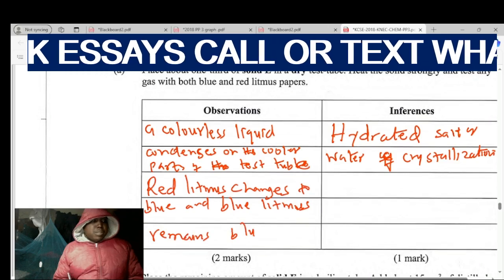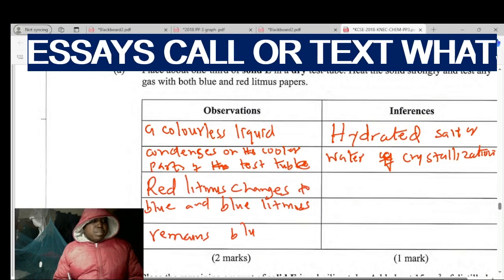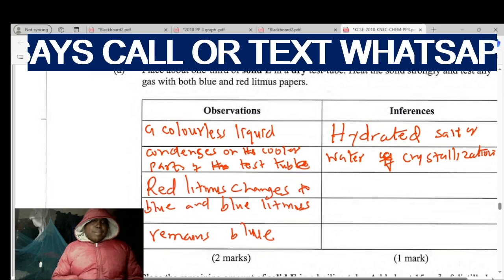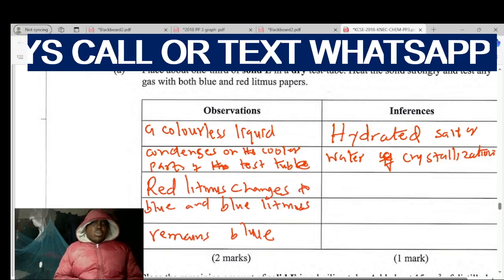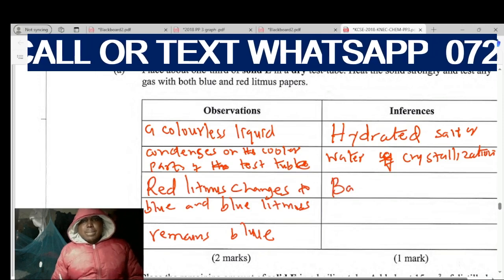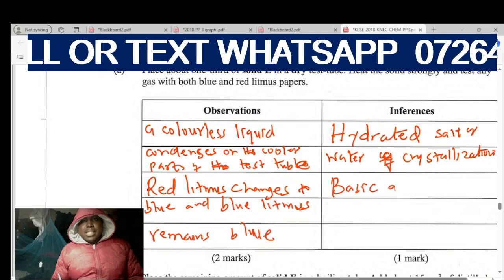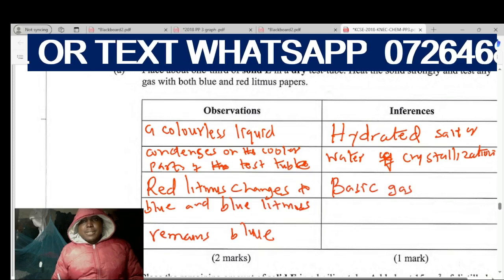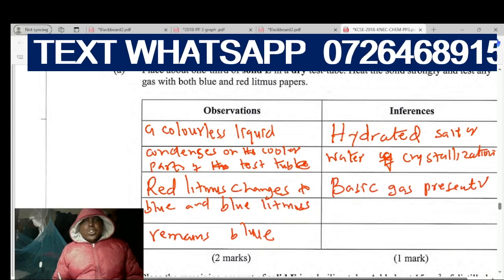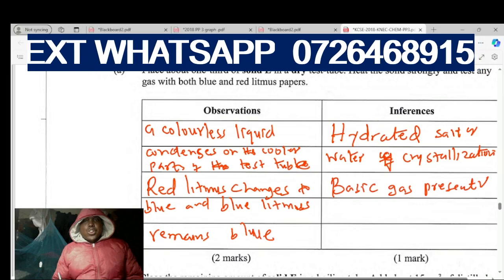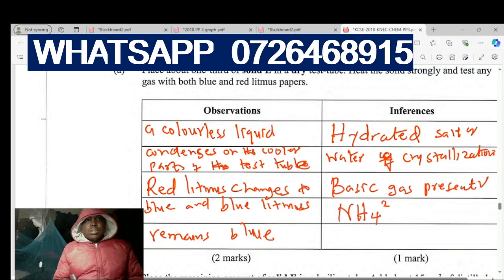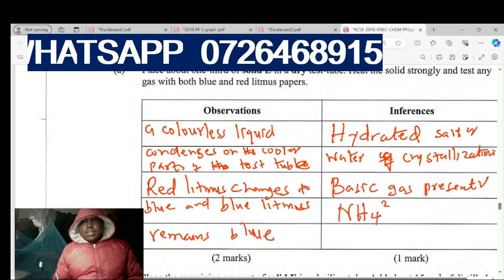If that is the case, it means the gas produced was a base, so that it can change red litmus paper to blue. If it is a basic gas, you can simply write basic gas present. It is allowed. Or you write ammonium ion present.